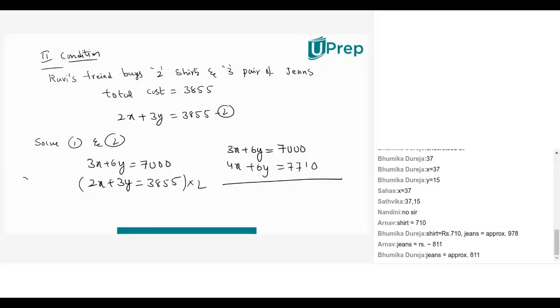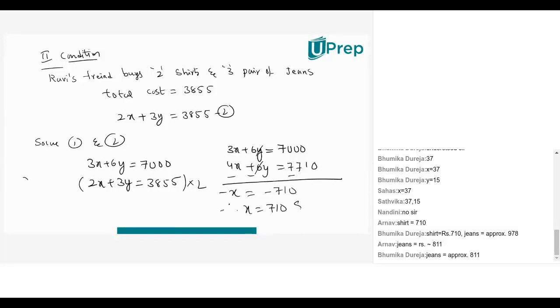Subtract this. If you subtract, 3x minus 4x is minus x. The 6y gets cancelled. And 7,000 minus 7,710 is minus 710. Therefore, x is 710.